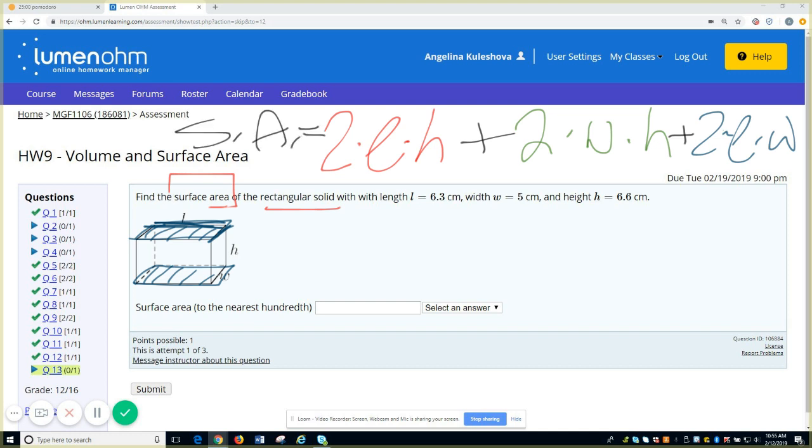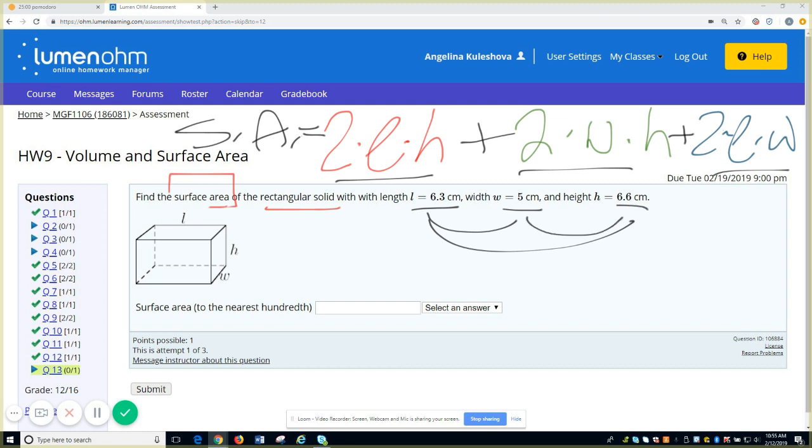Okay, now let's do that. All right, so we're told that the length is 4.3. Essentially, it doesn't really matter that you do them in that same exact order, as long as you just multiply each by which. So length by width, double it, length by height, double it, and then width by height, double it. So 6.3 times 5 doubled.